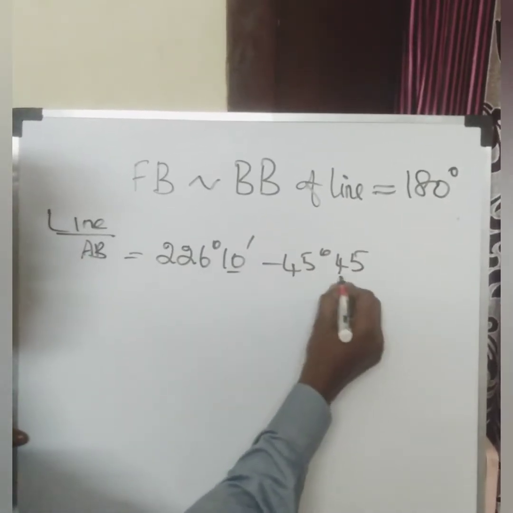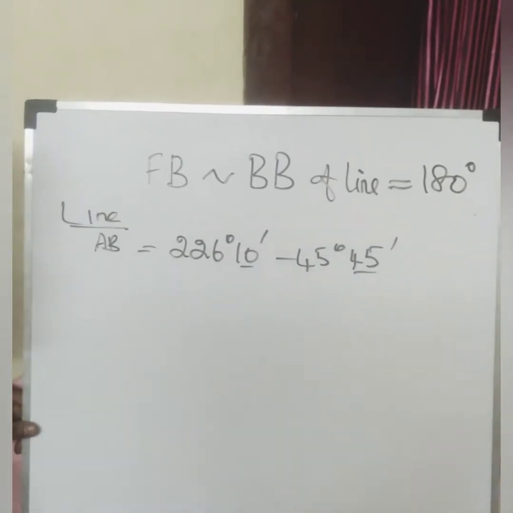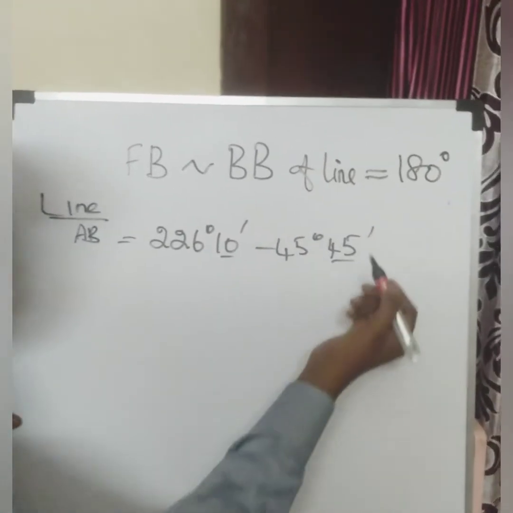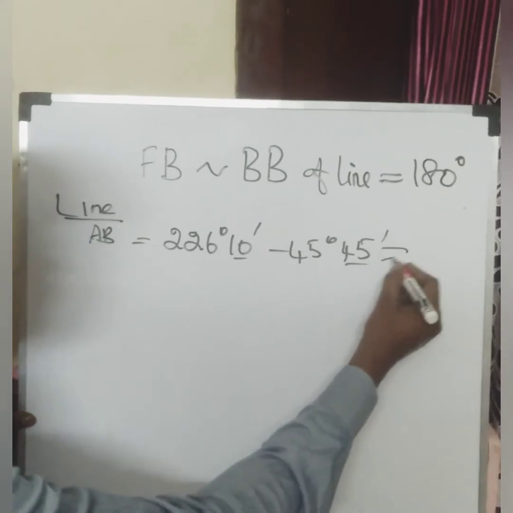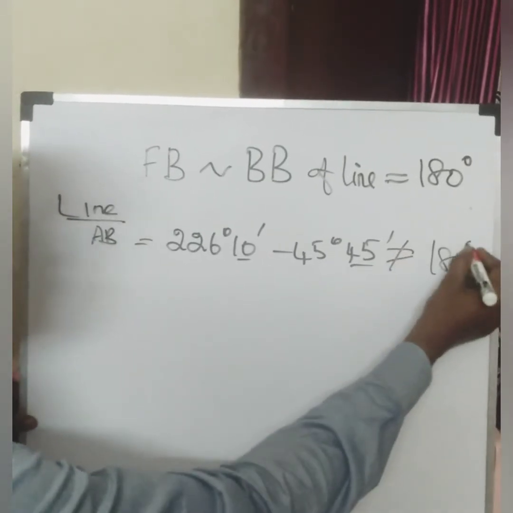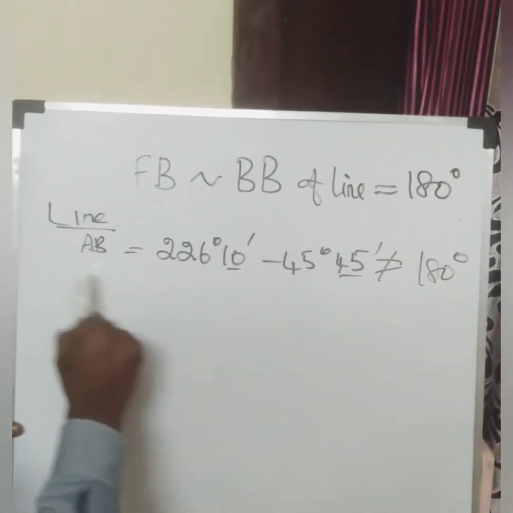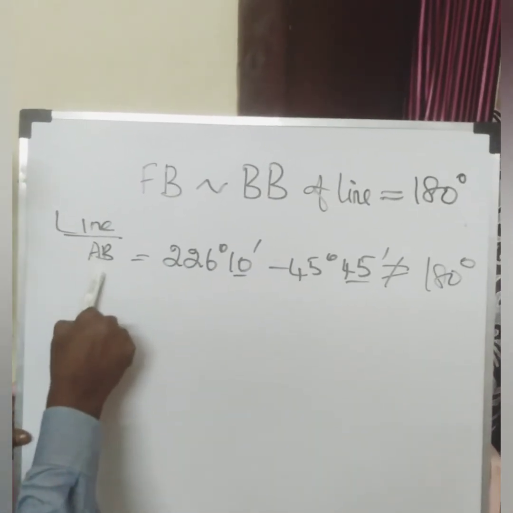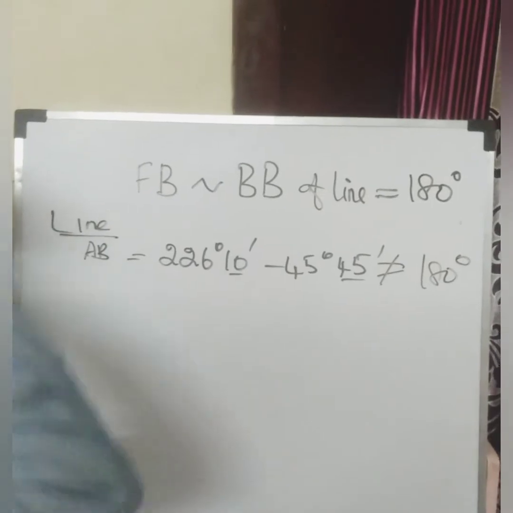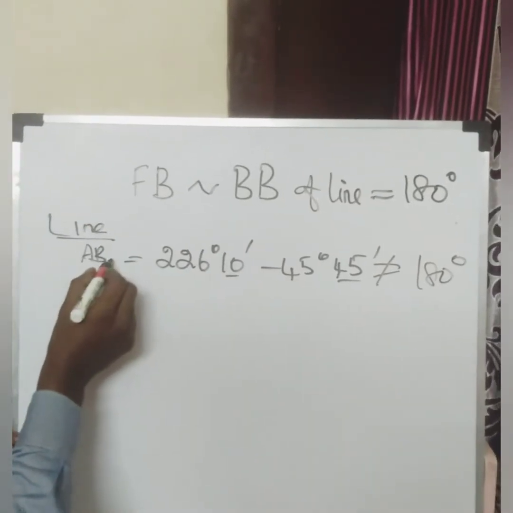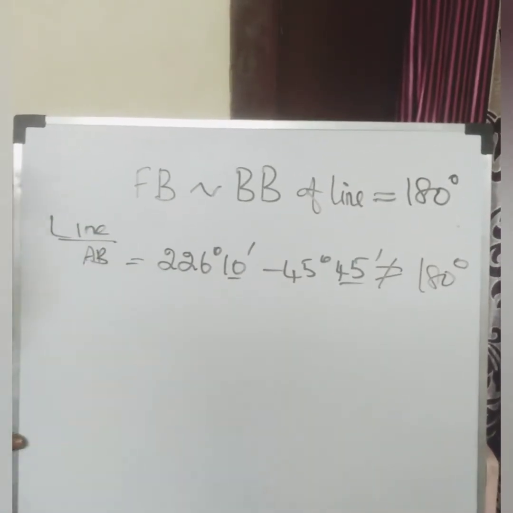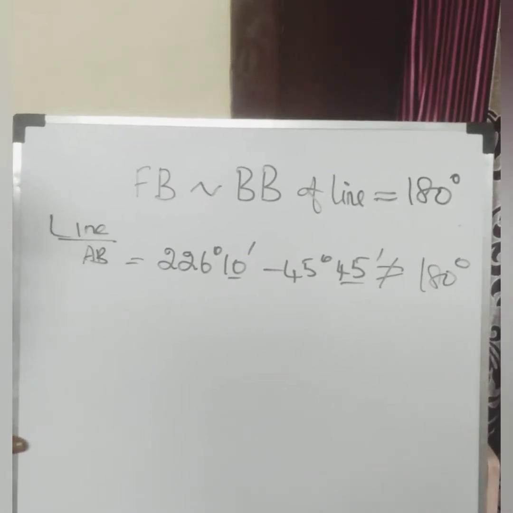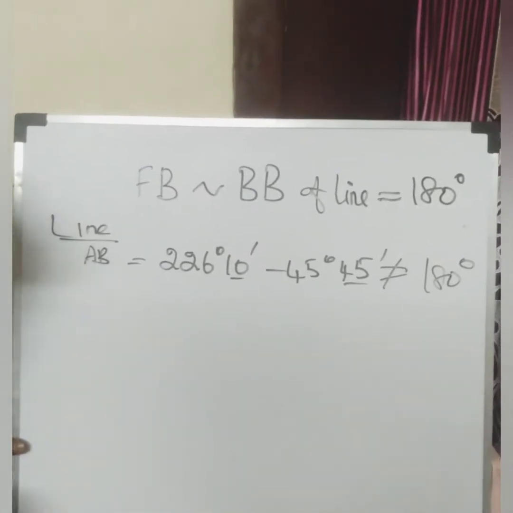You can see the variations in the minutes. We can easily tell this is not equal to 180 degree. The difference between the forebearing and back bearing of line AB is not equal to 180 degree. So the stations A and B were affected by local attraction. Easily we identified.